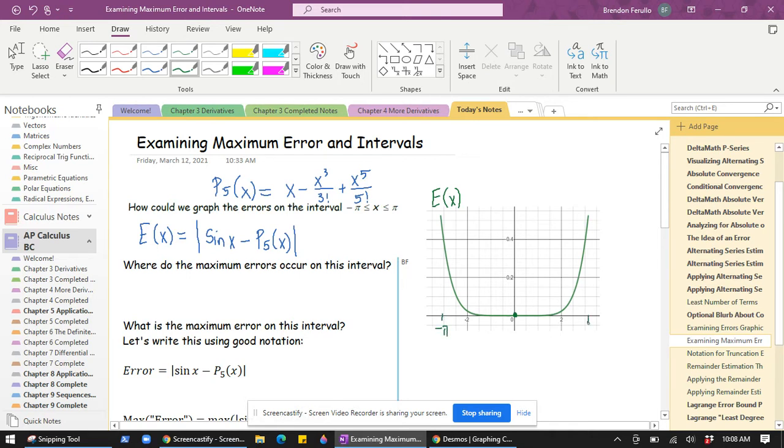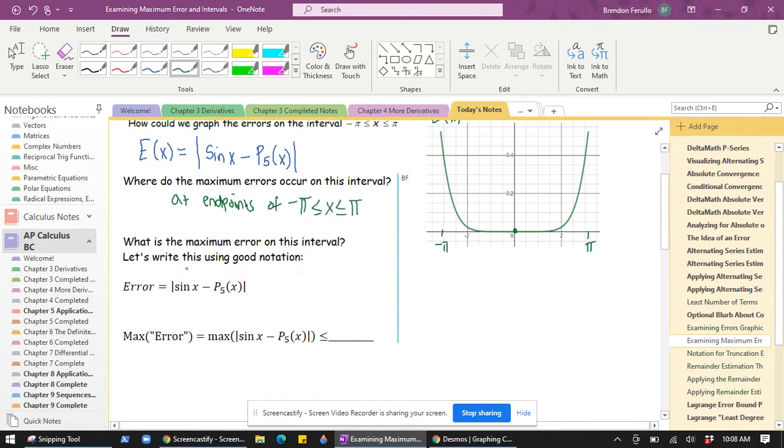We've already established that the maximum errors occur at the endpoints of our interval negative pi to pi. Okay.